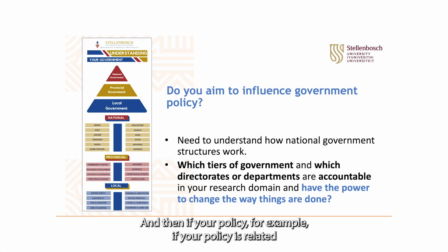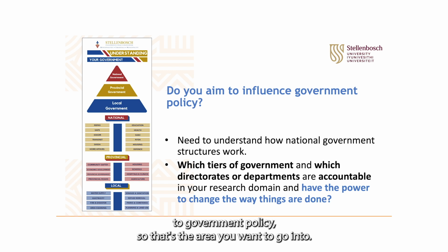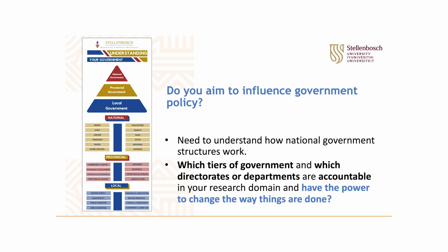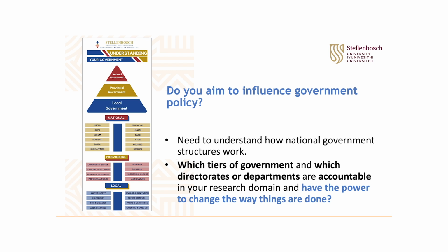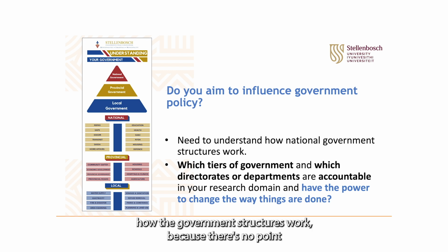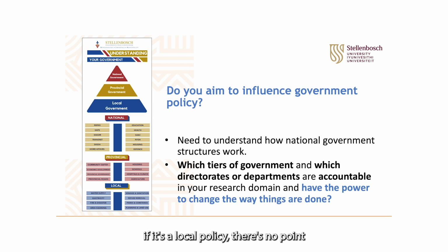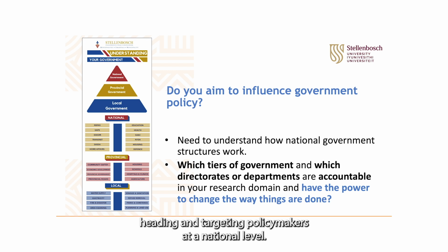If your policy, for example, is related to government policy, once you've identified that broad area of policy making, you need to start to unpack that area and look at how the government structures work. If it's a local policy, there's no point targeting policymakers at a national level.